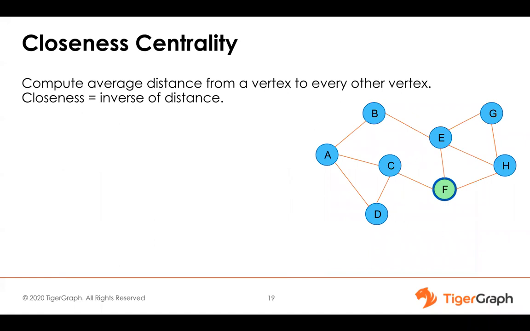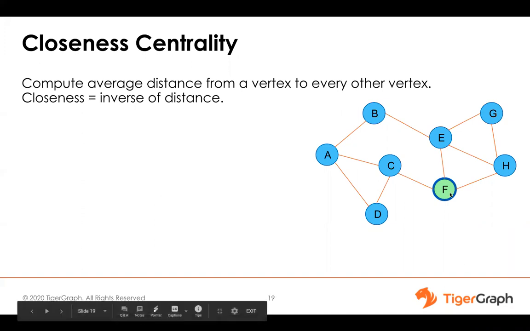So let's start to look at a little toy example. How would you compute the average distance from a vertex to every other vertex? And remember, closeness is like the inverse of distance. If something is distant, it is not far. It's not close. So we've got this graph.